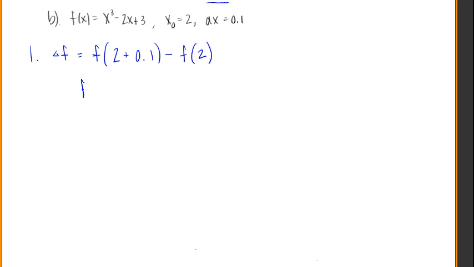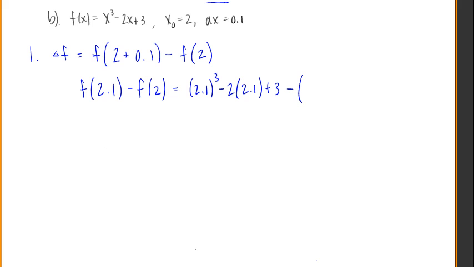Okay, so it's going to be f of 2.1 minus f of 2. And that's going to give us 2.1 cubed minus 2 times 2.1 plus 3, and then minus f of 2, so 2 cubed minus 4 plus 3.